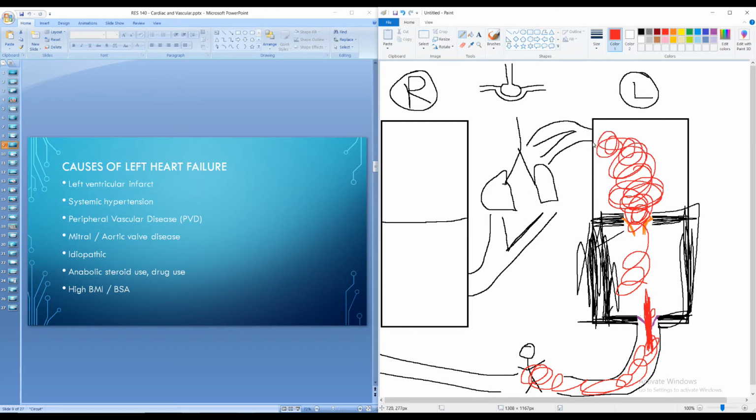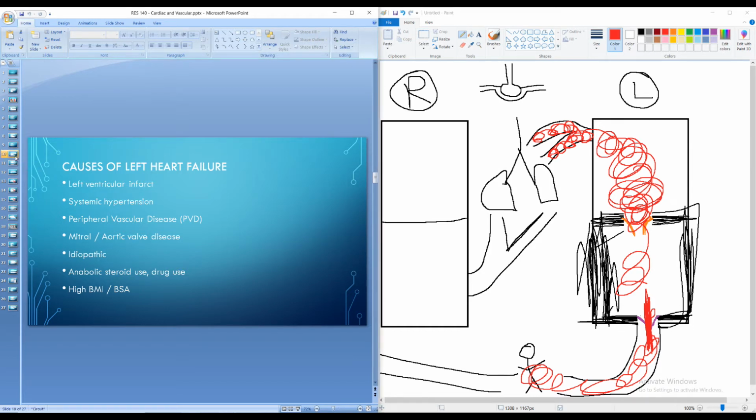All the stuff that's expecting to move through the left side of the heart just keeps arriving, and it just has to sit there and wait. So it backs up, and there's our increase in vascular pressure, and eventually our pulmonary edema and stuff that we're going to talk about here soon.